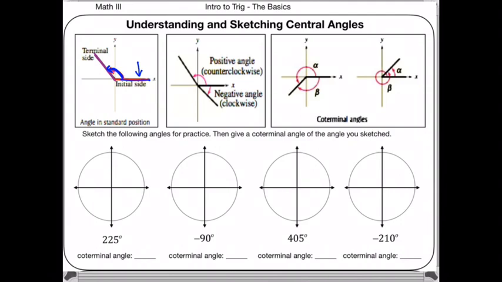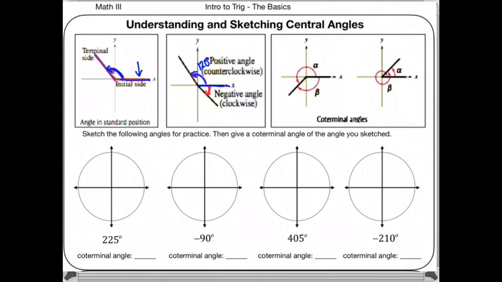If you have a positive angle, it's going to go in this direction, and if you have a negative angle, it would go in this direction. So for example, if I were to say this is going to be a positive 120 degrees, I would start here, and then it would go in this direction.